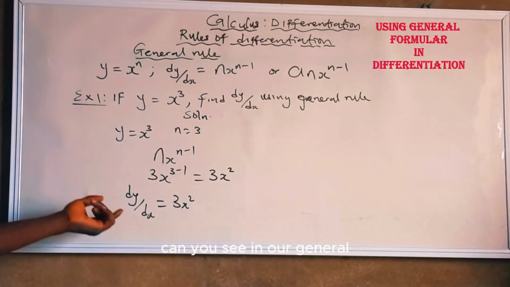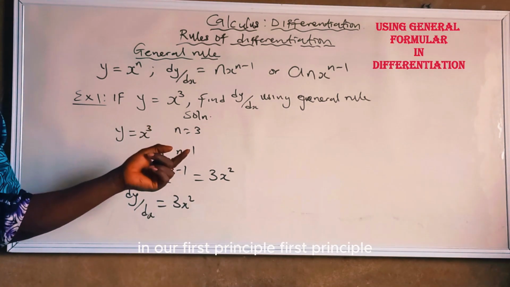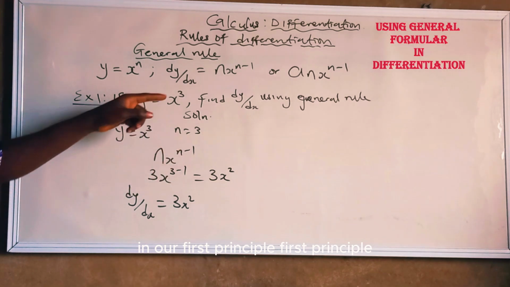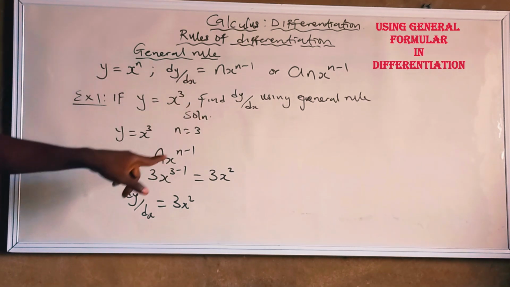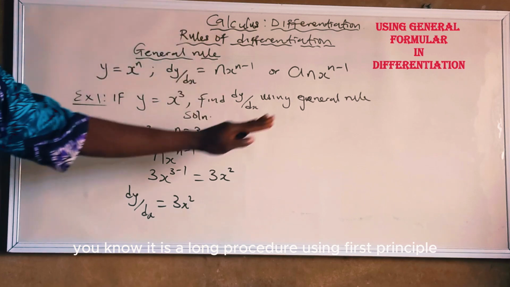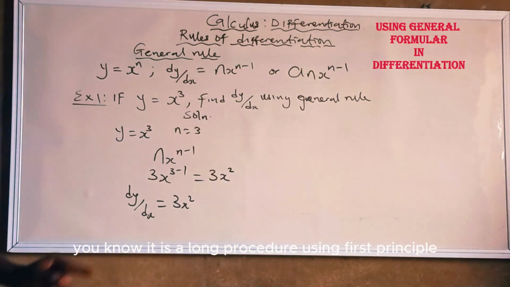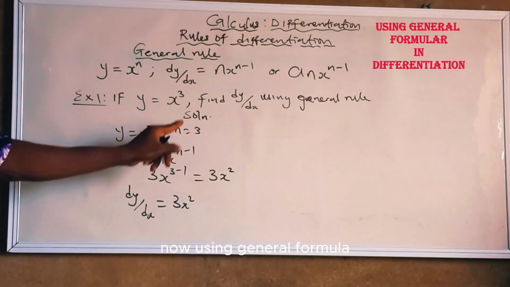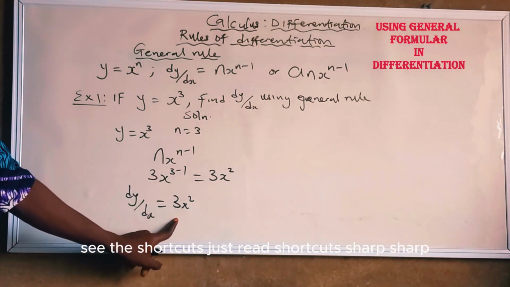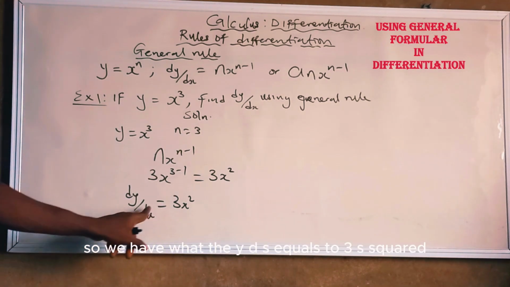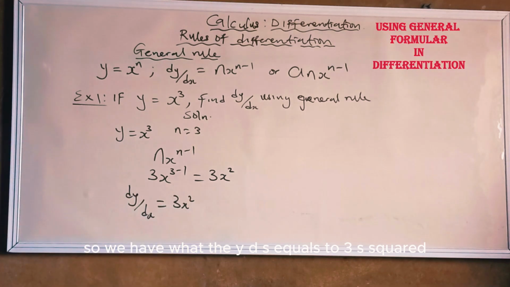Can you see? In our first principle, finding the derivative of x cubed is a long procedure. Now, using the general formula, see the shortcut. So we have dy/dx equals 3x squared.